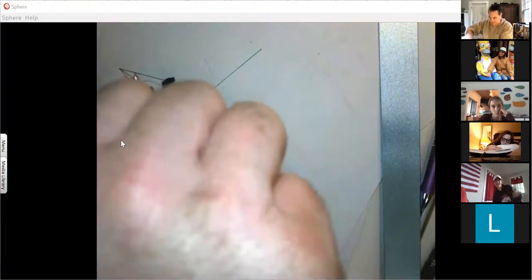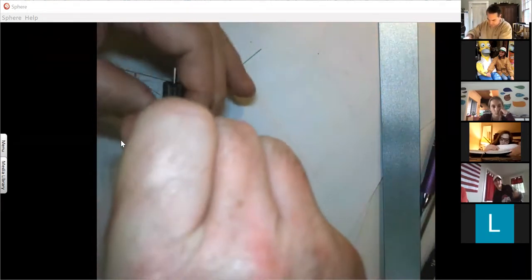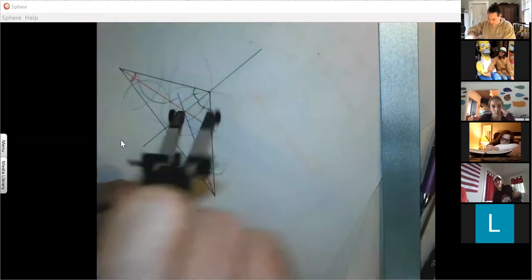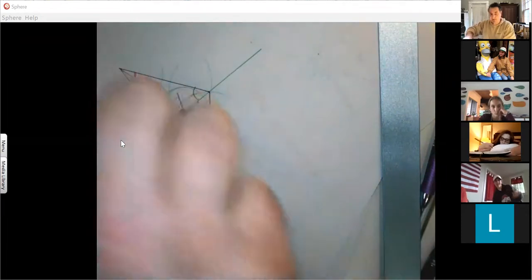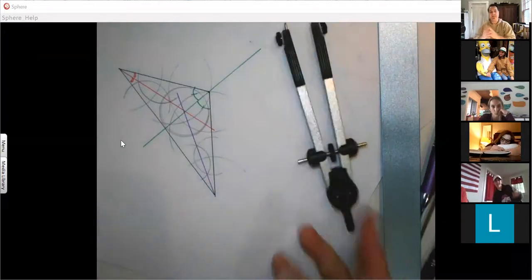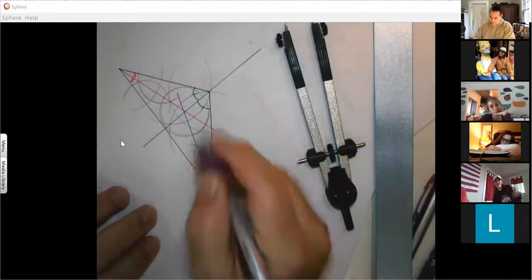And what it means is that if I extend these a little bit better so that it just touches each side, it is the center of a circle that just barely fits on the inside of this shape, inscribing a circle inside.